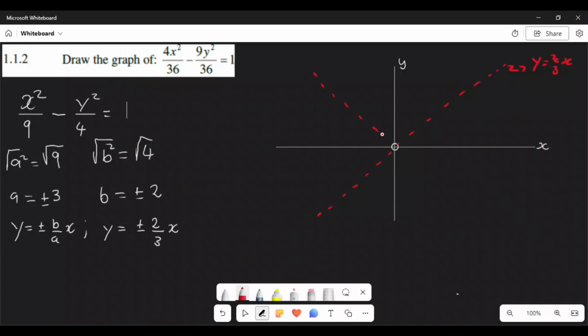Guys, you can try to use the table to draw this graph, but look at the marks. The marks are so low, there's no need for you to do that, right? So this one here, the graph is actually y equals negative 2 over 3x, because when the gradient is negative, the graph is going to lean this way.